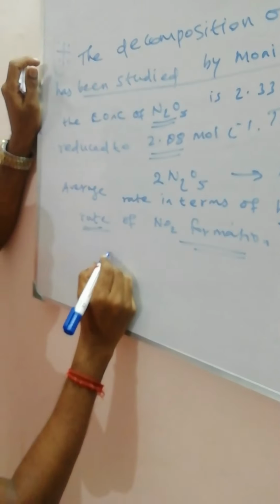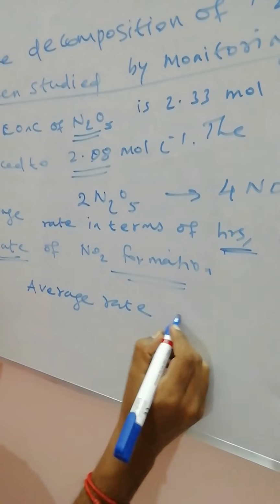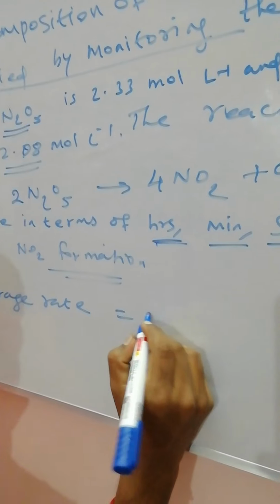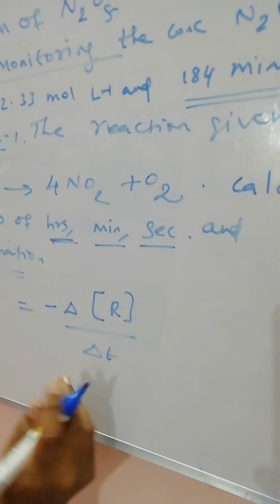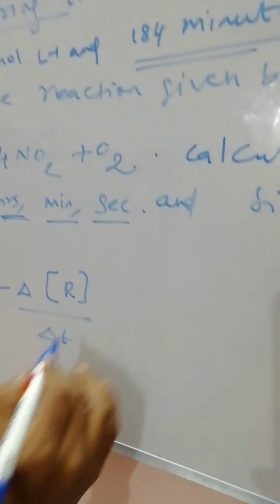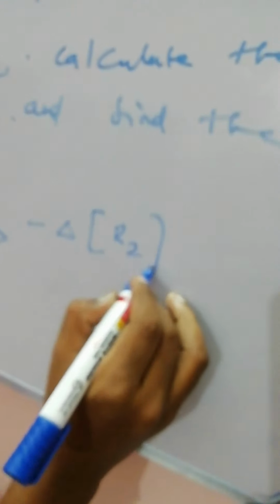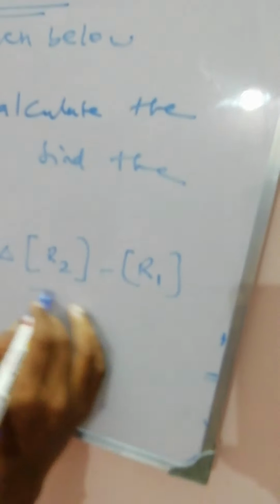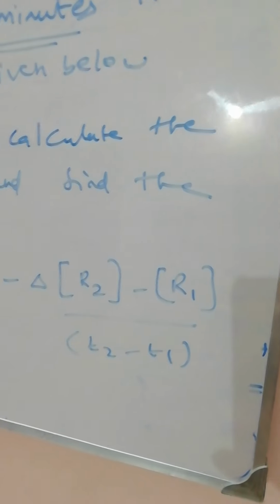First, what is the average rate here? Average rate of reactant we have to write as minus delta R by delta T. This we learned in the previous class. So I am going to substitute minus delta R, R2 minus R1 by T2 minus T1. This is the equation we got in the first class.